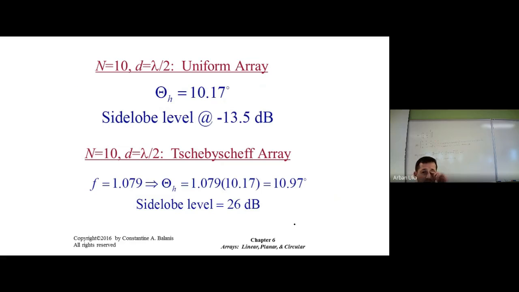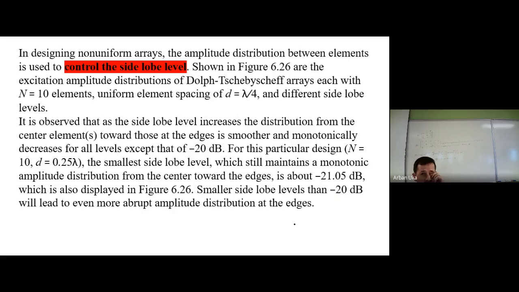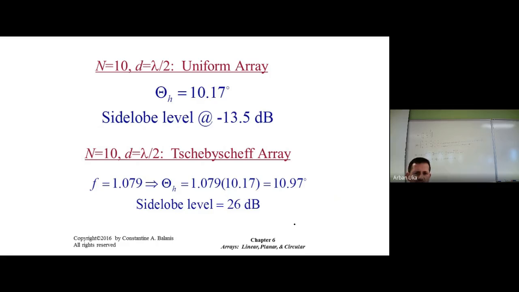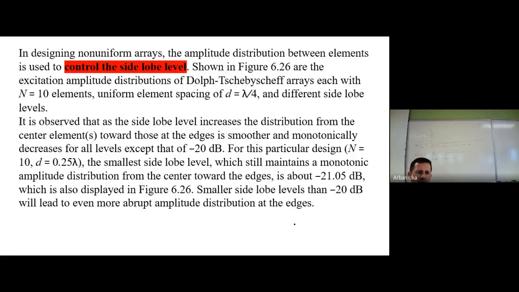Okay, so here we can have some other examples. You can have a look at what these are. Now, in designing non-uniform arrays, the amplitude distribution between elements is used to control the side lobe level.